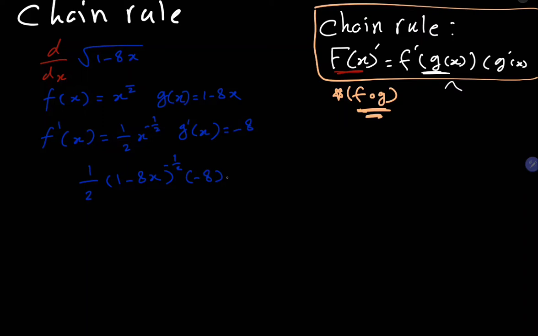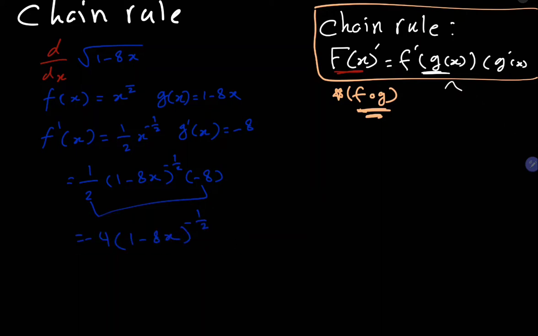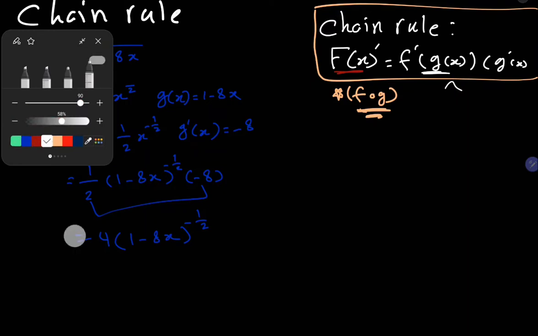We can multiply minus 8 with the half to make it minus 8 over 2, which is basically minus 4. Let's just put it straight away: minus 4 times 1 minus 8x to the power of minus 1 over 2, and this is the final solution.